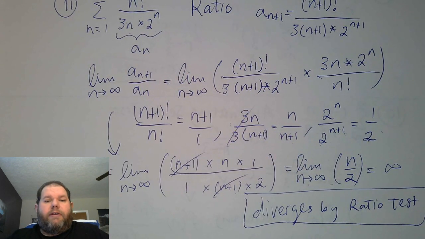Nth term test and LCT is basically when we have a polynomial over a polynomial, but it depends on those exponents which one we end up using, and we talked about that already. Alternating series test is pretty obvious because there's an alternating term, negative 1 to the n, or similar, present in the expression. And geometric is just a constant raised to the nth power.